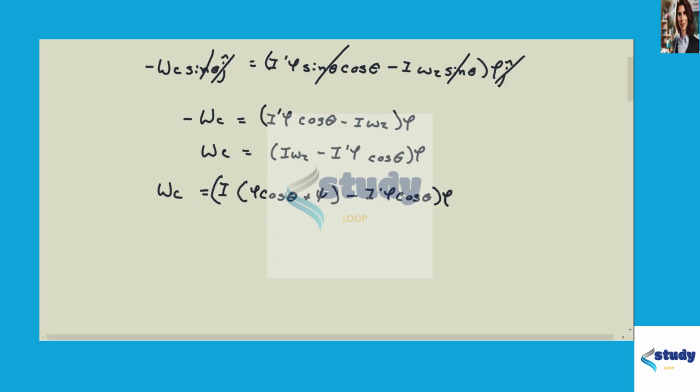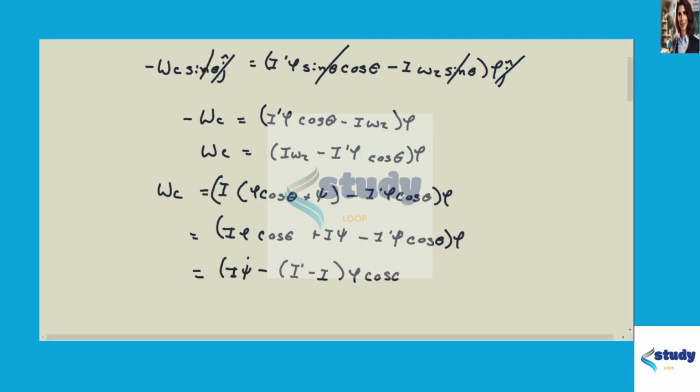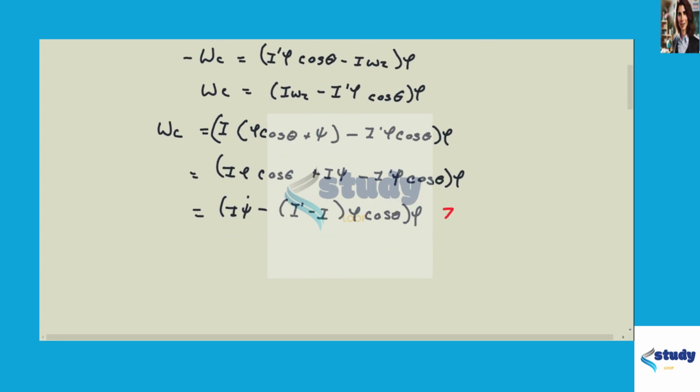Let's simplify this a little bit, and we have cosine theta plus I phi minus I. Oops, I wrote that phi really weird. Cosine theta phi. Okay, and we're going to keep going, and we have capital I minus I phi cosine theta phi. And we're going to say this is equation 7.